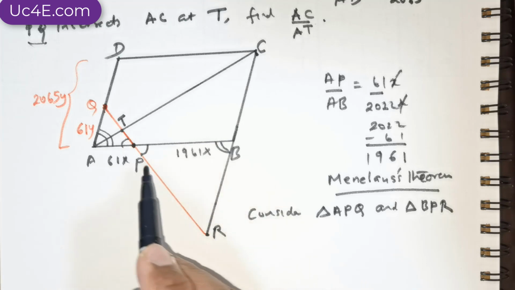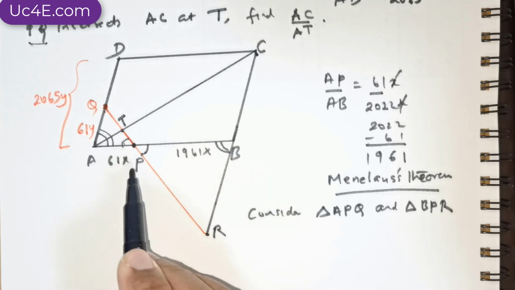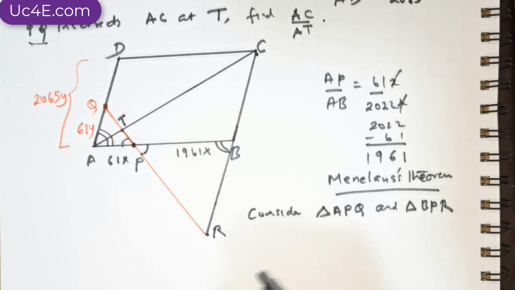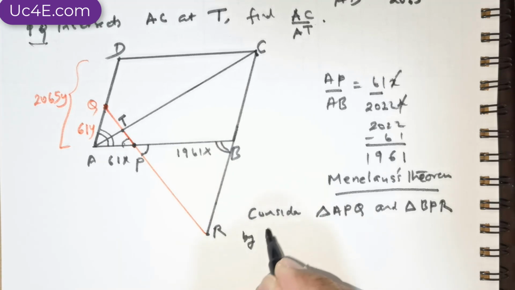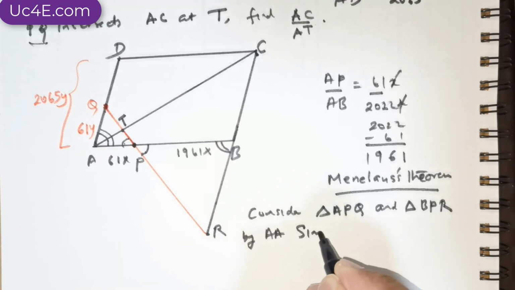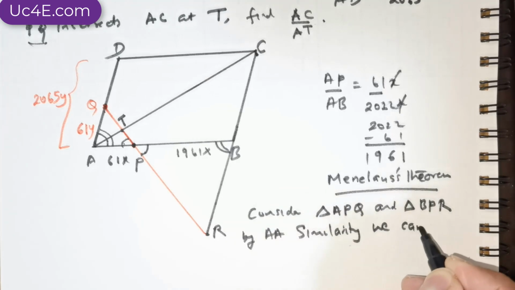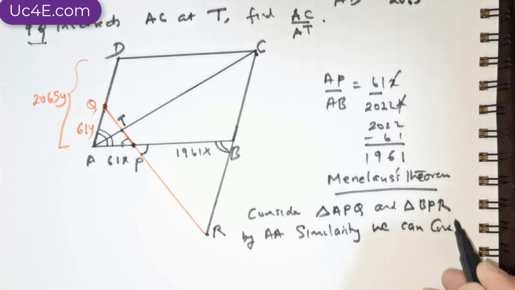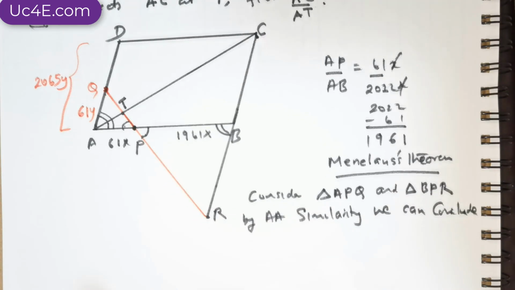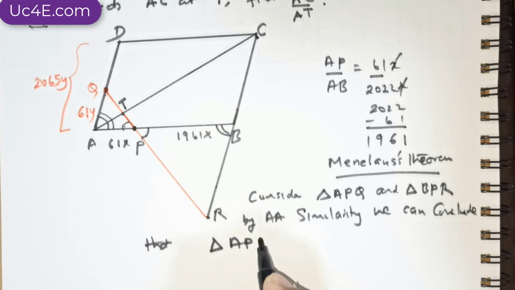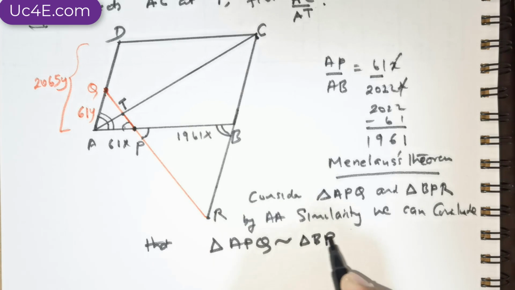How do I say that? Because you see that this angle and this angle are the same, this angle and this angle are the same. By angle similarity, we can conclude that triangle APQ is similar to triangle BPR.